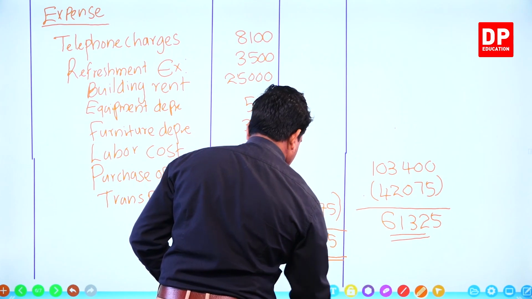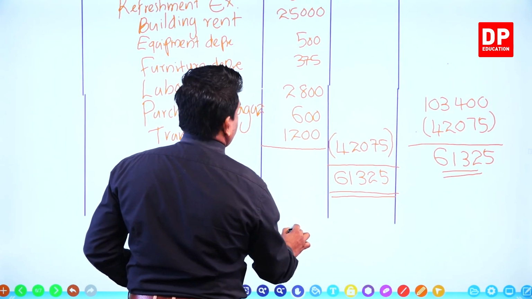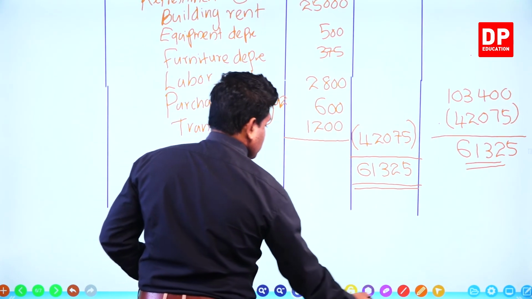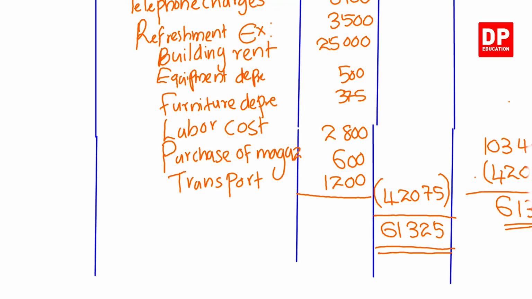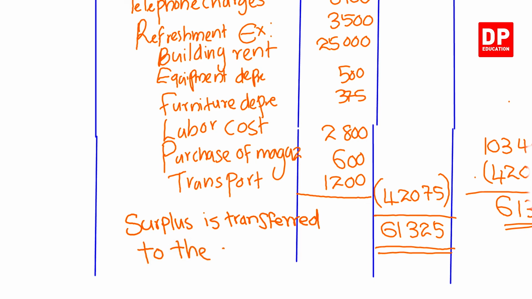Here, in front of this, you write what? You know this now. We write here: surplus is transferred to the accumulated fund.